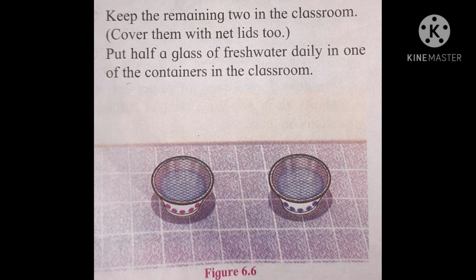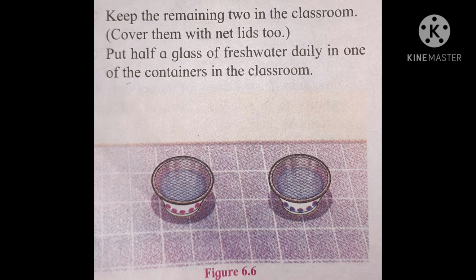Out of the 2 containers, you have to add half a glass of fresh water daily in one of them, and the other container you have to keep as it is. Okay, as shown in figure 6.6. Okay children, understood?